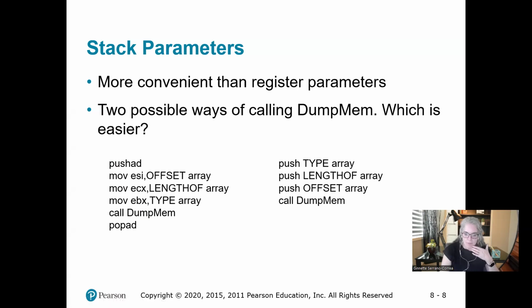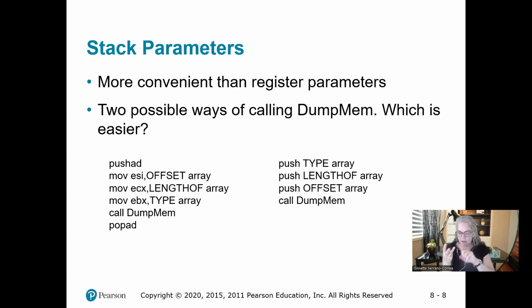And let's say that instead of moving stuff to a register, you would just push the three values onto the stack like they were being passed as parameters, like I just did with add 5, 6. Here you would call dump mem, and you would pass it 3 numbers.